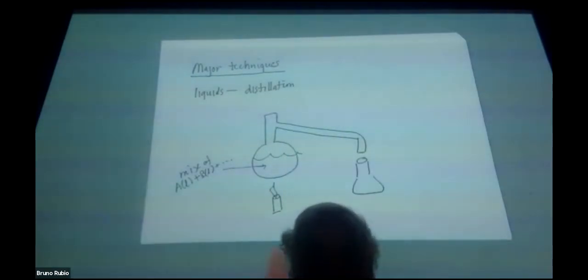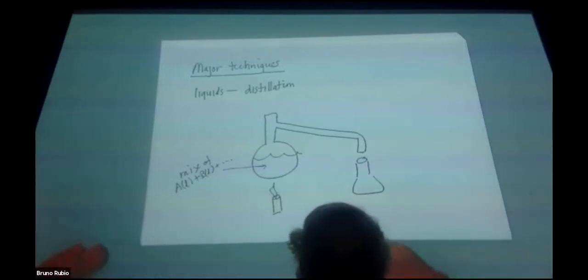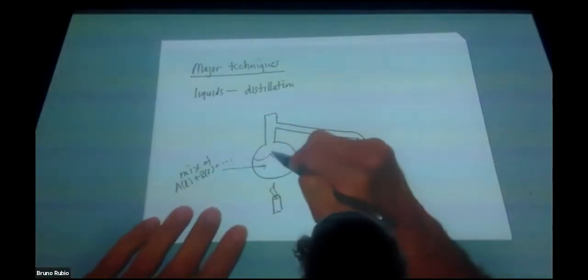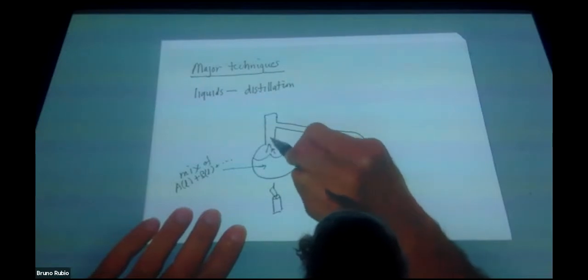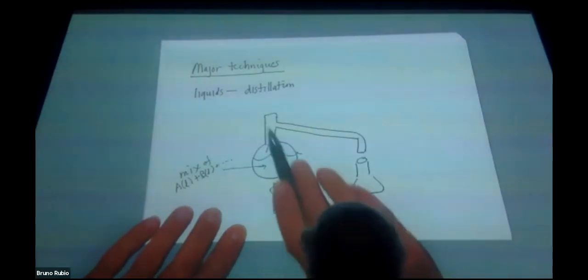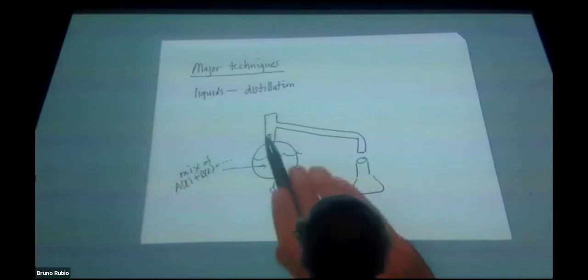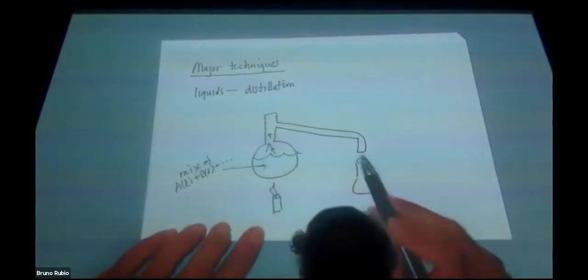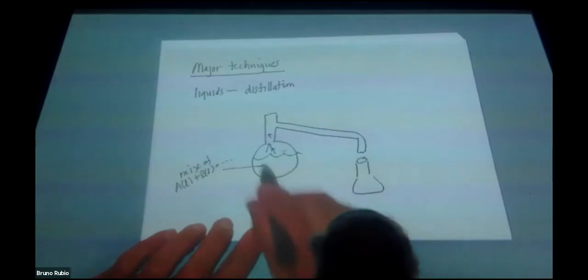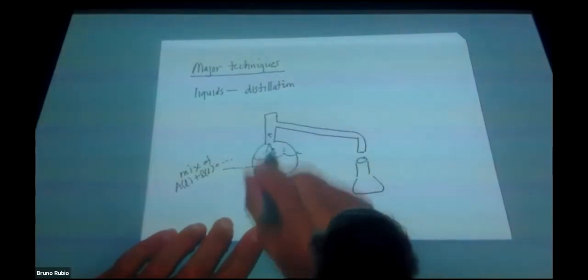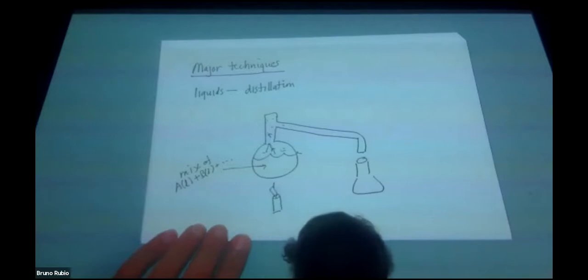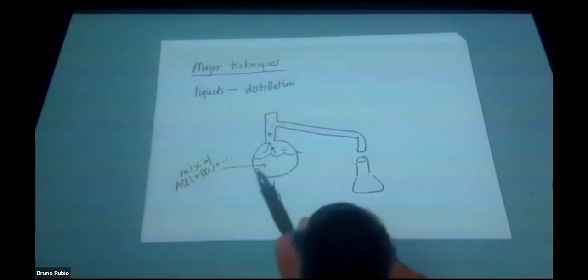And as the liquid mixture absorbs this energy, the molecules begin to move around and begin to vaporize, going into the vapor phase, into this distillation flask. So after a while, you get a bunch of gas molecules in here.